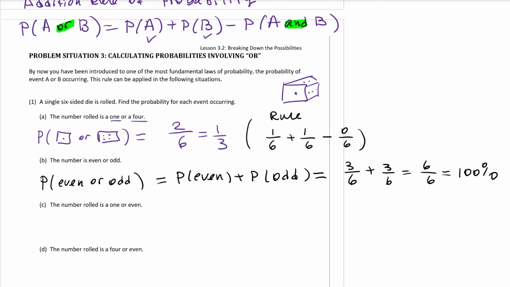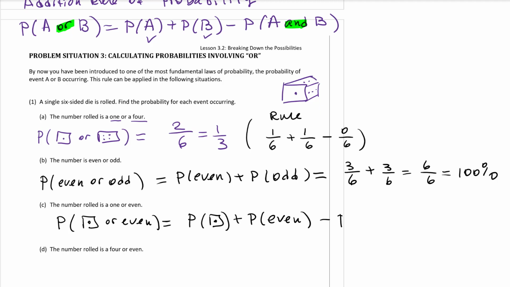All right, part C, the number rolled is 1 or even. Again, we're going to count this. Probability that it is 1, plus probability that it is even, minus probability that it's both 1 and even at the same time.